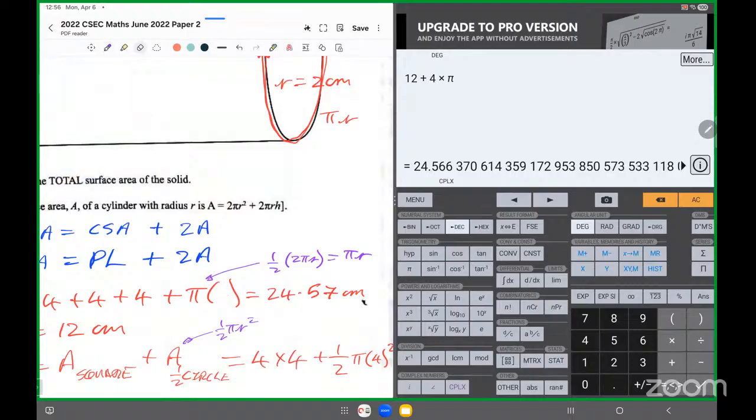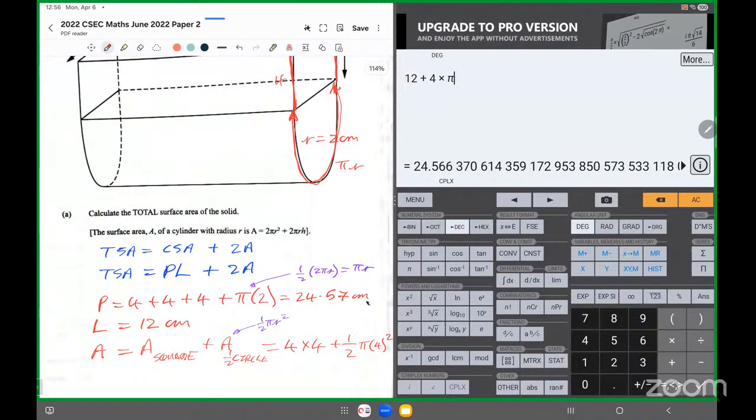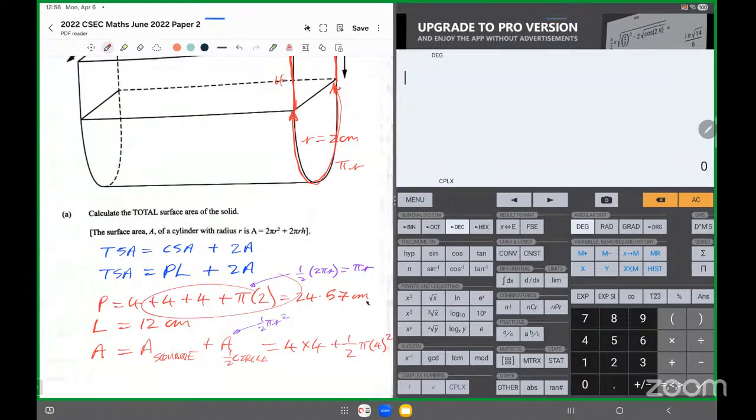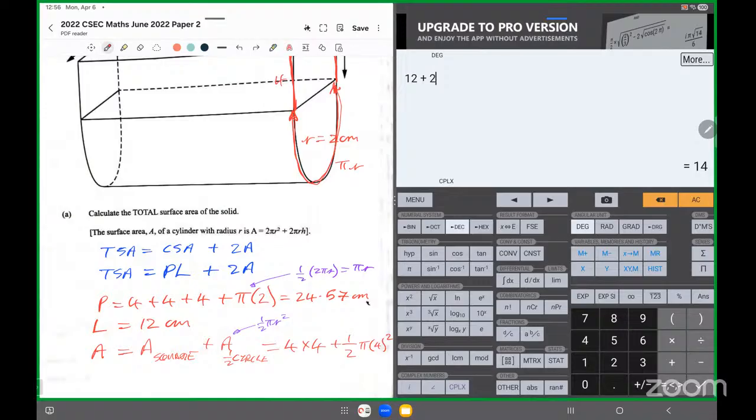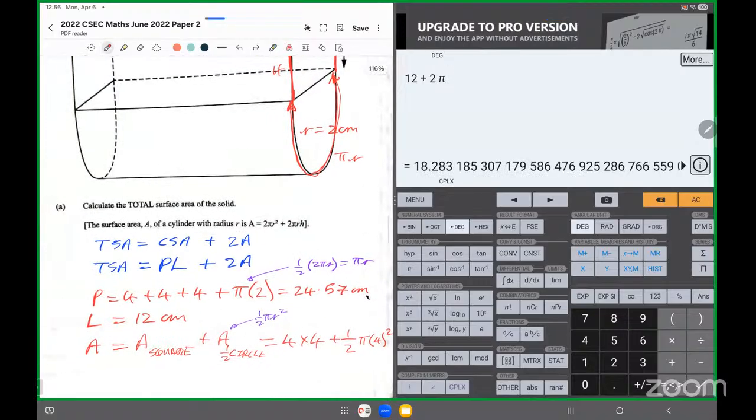So this radius is 2, not 4. I'll recalculate the perimeter. It becomes 12 plus 2 pi, which is 18.28 instead. My mistake.